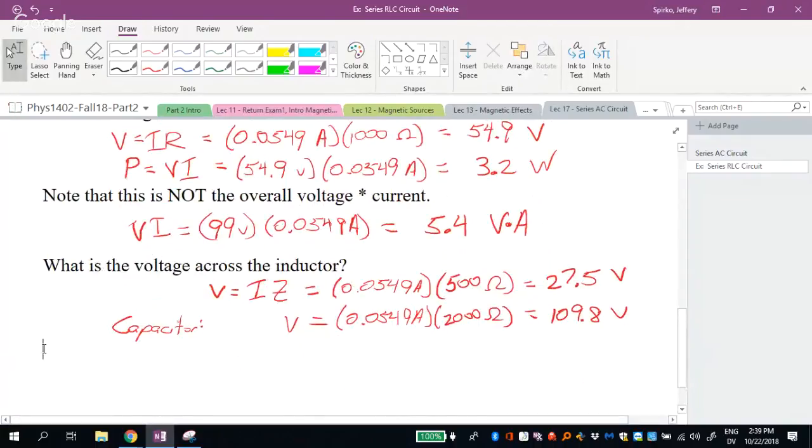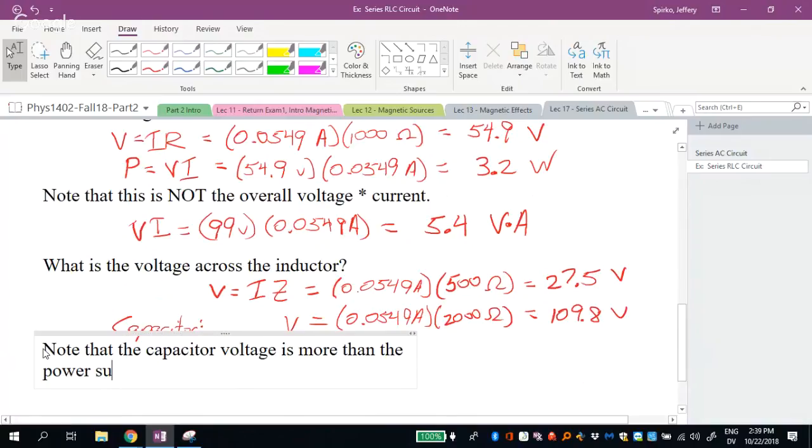Now, we wouldn't necessarily be able to use this to change voltages like we do with transformers. So this is not an efficient way of multiplying voltages. It's just a side effect, but it's an interesting side effect.